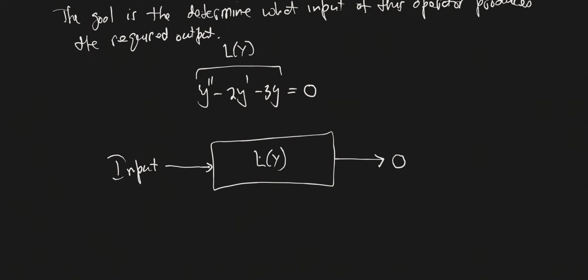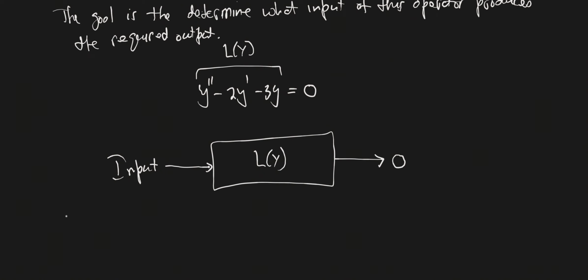Isn't that really interesting? Because remember, the kernel of one of those linear transformations, or sometimes they're called linear operators, would be the set of all inputs that get mapped onto the 0, in this case, the 0 function, right?